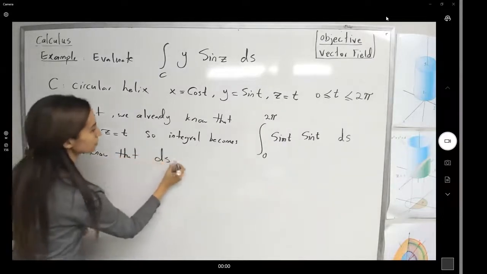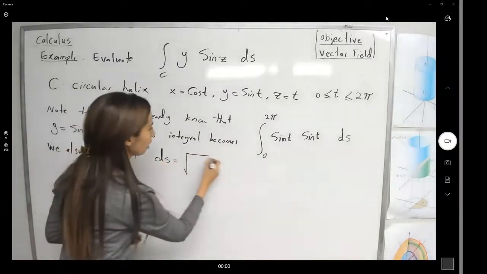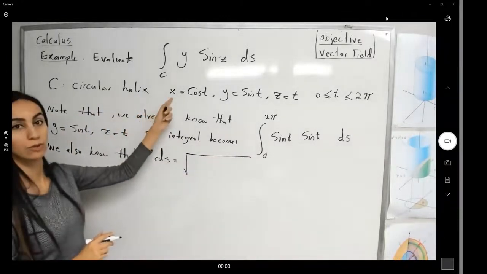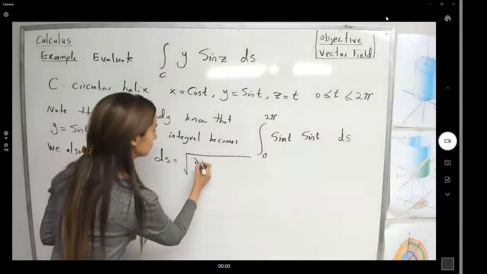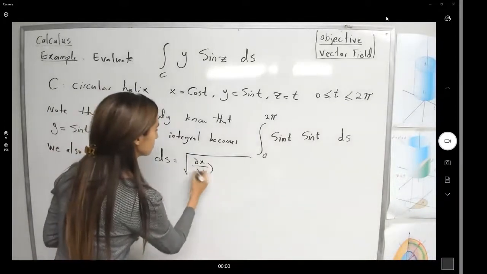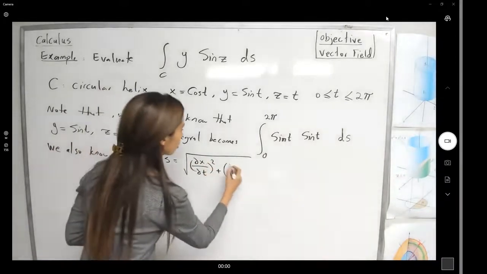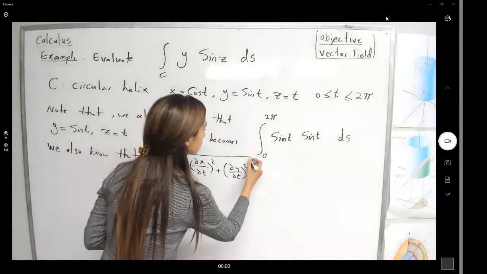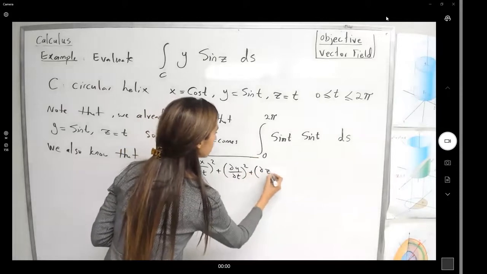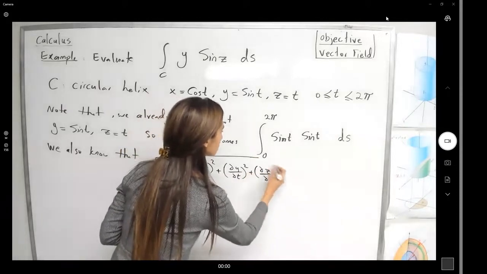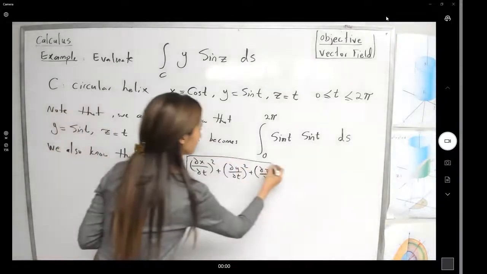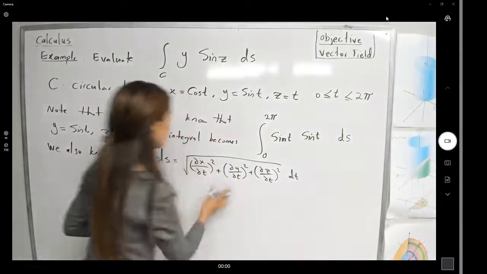We also know that ds is equal to the square root of the partial derivative of x with respect to t squared, plus the partial derivative of y with respect to t squared, plus the partial derivative of z with respect to t squared, dt. Now let us calculate this.